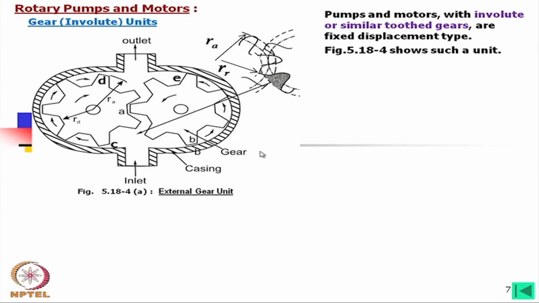And moreover, if we consider say 20-degree teeth, then the minimum number of teeth is 17. Otherwise, there will be undercutting and interference, which is called gear interference.